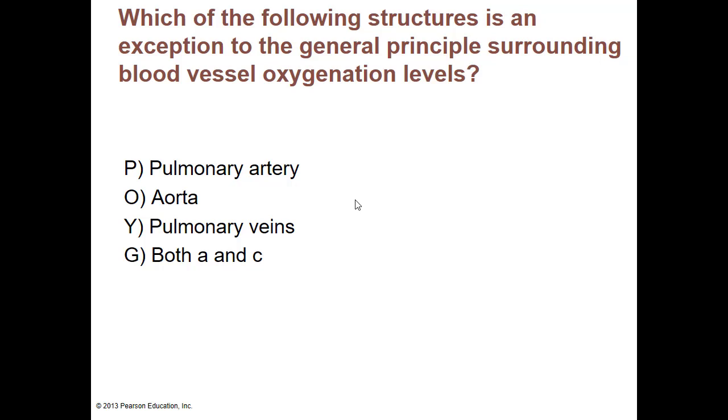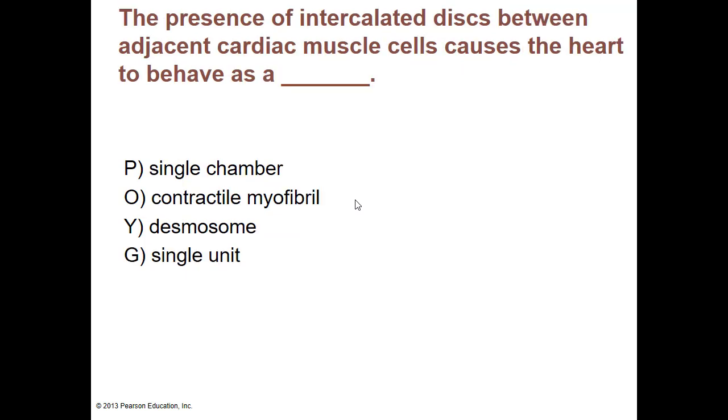So two pulmonary arteries, but four pulmonary veins. Normally arteries carry oxygenated blood, normally veins carry unoxygenated, except the pulmonary. Every time you create a rule, you have to have an exception. The presence of intercalated discs between adjacent cardiac muscle cells cause the heart to behave as a what?